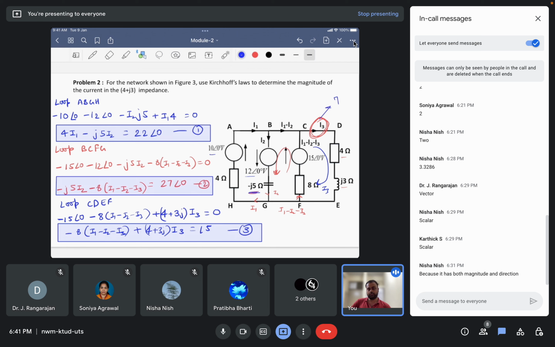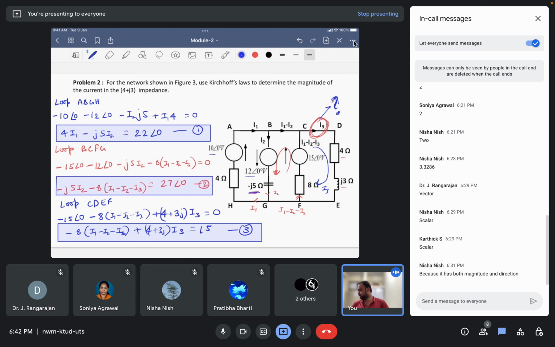So how much is I3? Please use your calculator and try to solve these 3 equations 1, 2 and 3 to get I3. Anyone with the answer, please write in the chat box. I'll wait for a minute.